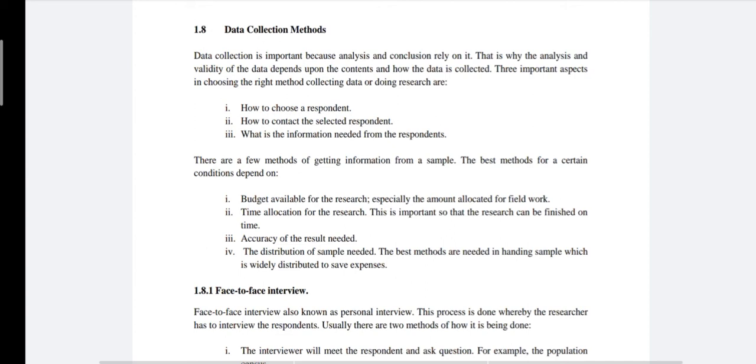Ada lagi method-method lain yang kurang memberangsangkan, yang kurang mendapat response rate, which is the telephone interview. It can be direct observation, direct questionnaire ataupun mail questionnaire, kan? It also can be the method of data collection method, but the very high response rate adalah face-to-face interview.